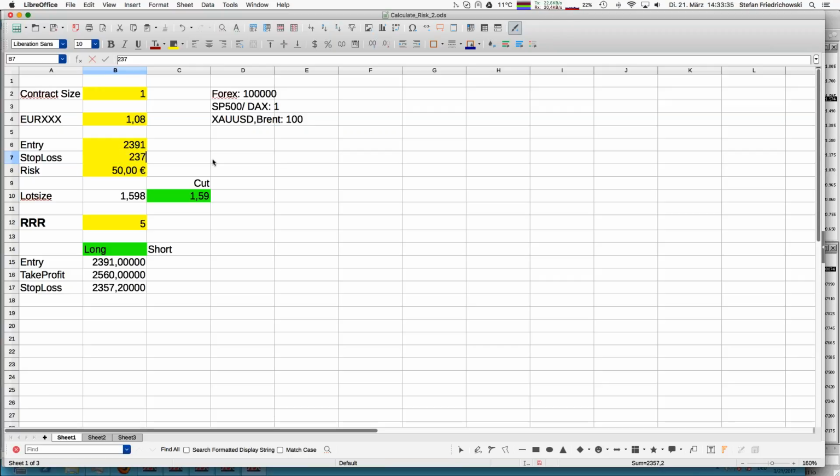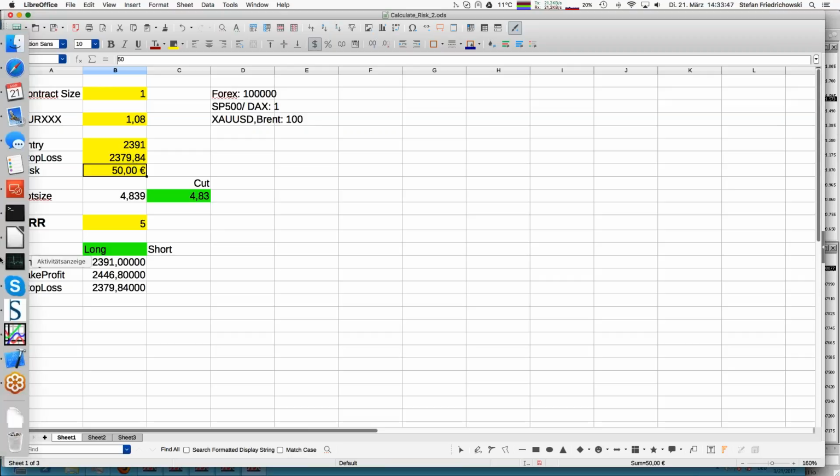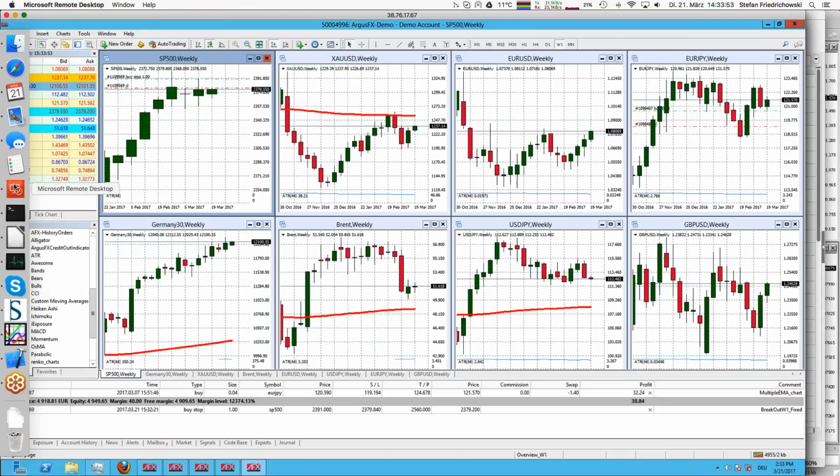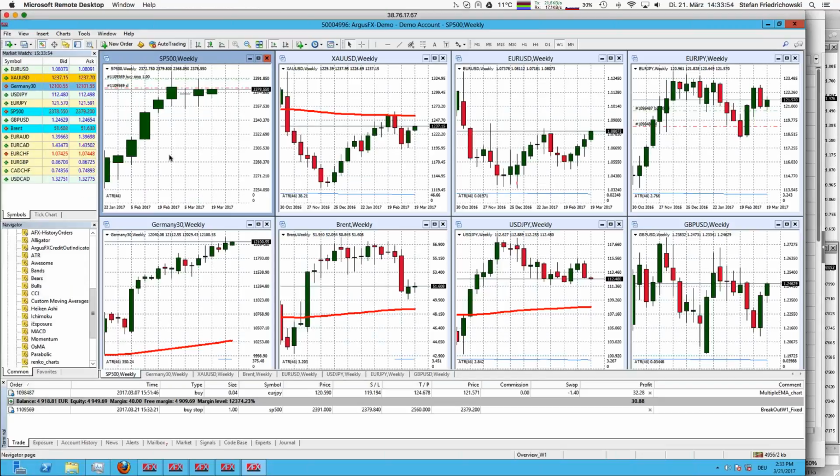The stop loss calculated on that 1/3 calculation is this one here, and now you see we can trade four lots. Okay, so that was a mistake, but you see, mistakes belong to that business here as well.